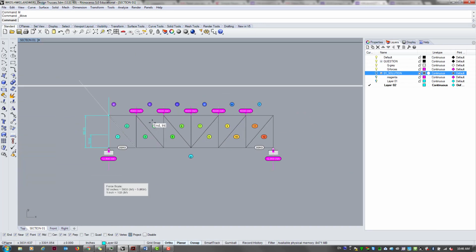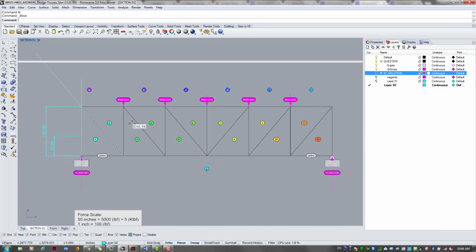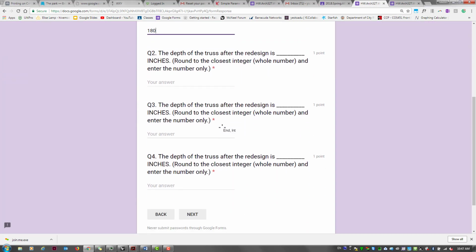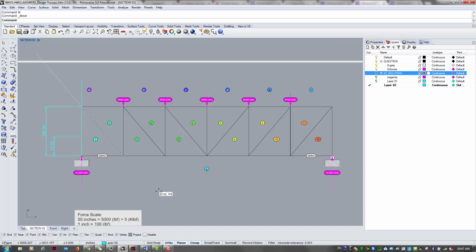For Q1, the depth of the truss after the redesign is 180 inches. So I want you to enter, and also round to the closest integer, the whole number, 180. That should be the correct answer. I think I have everything correct. So I just want you to enter whole numbers for these four. That's basically the homework. But I've already solved one for you.